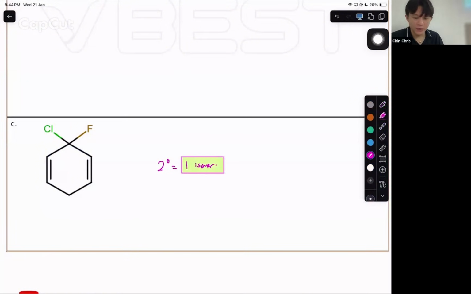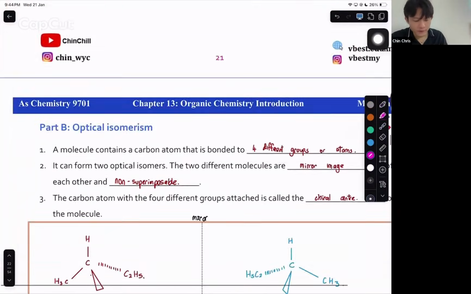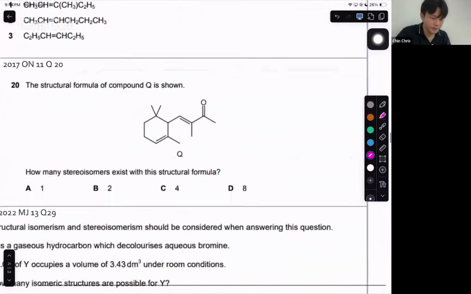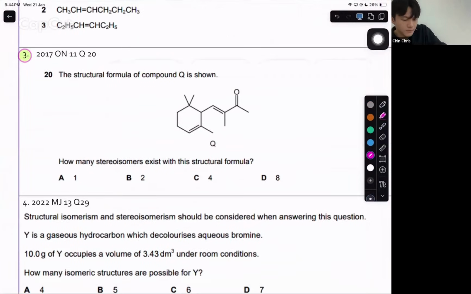Well done. Okay, guys, last one. Flip to the previous part, which is page 21, question 3. Go. Guys, please get this right. Hopefully you get it right.